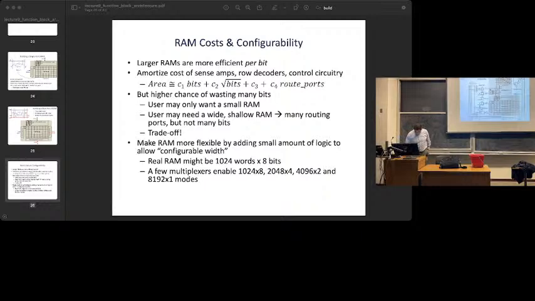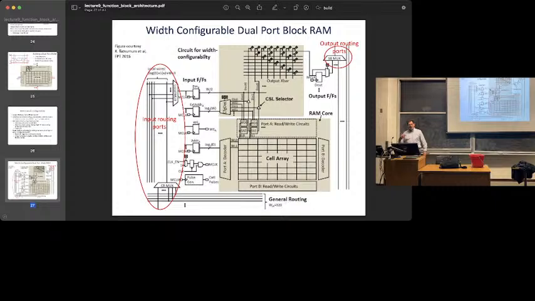This is basically the RAM core that I just showed you, which is basically the same RAM core you'd put in an ASIC or a processor. And then around it is, well, what are the additional things that go into an FPGA? Okay, so one thing is we need to have routing ports. We've got some local interconnect here and multiplexers to choose from that local interconnect what goes into every one of our data inputs and every one of our address inputs and so on.